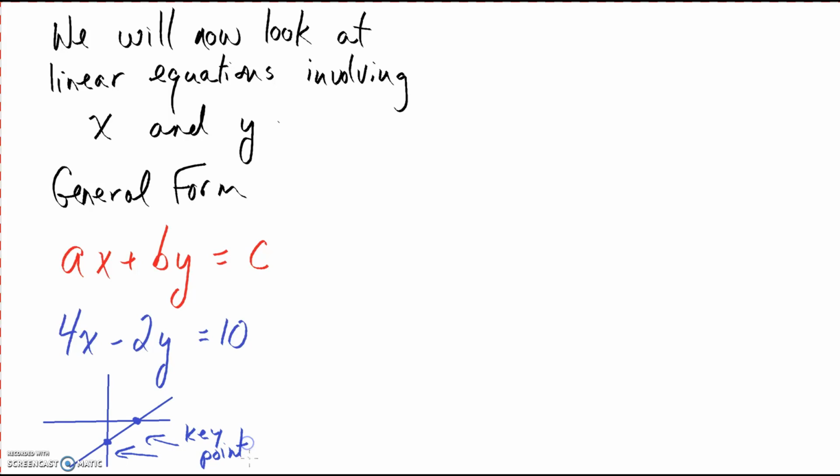If we can figure out these 2 points for this line, 2 points determine a line. And so what do we know about each of these points? For example, this point here, as far as its ordered pair, we don't know how far over we went in the x, but we do know that if this is on the x-axis, the y value must be 0.